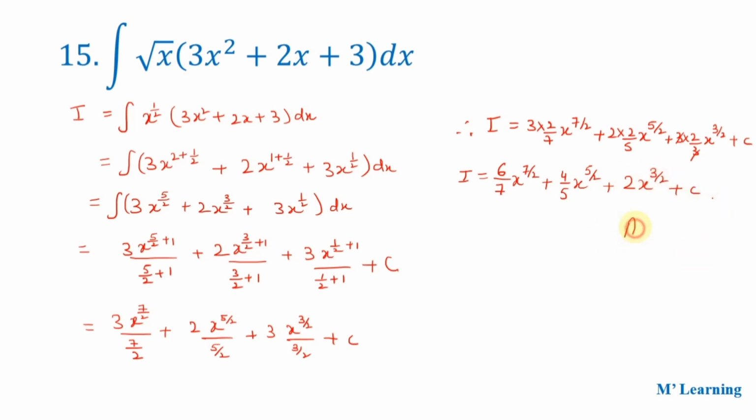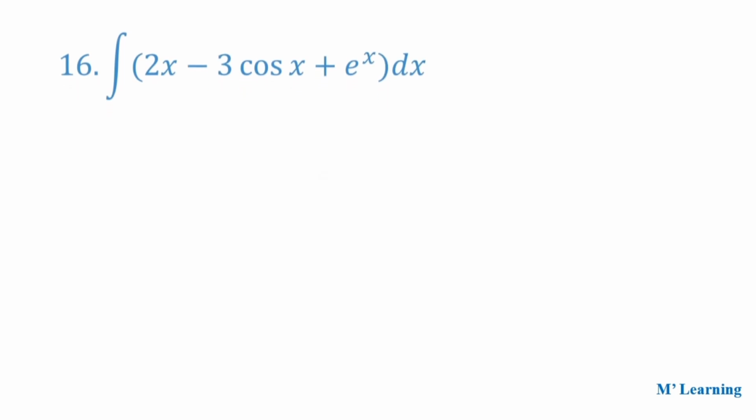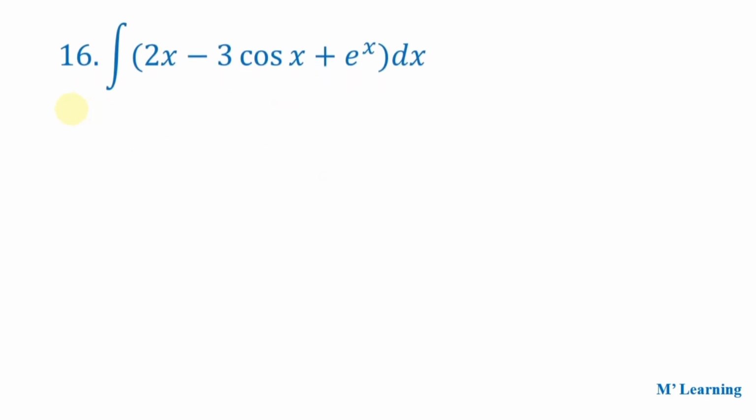This is its answer. Now let's see question number 16, which is integration of 2x minus 3 cos x plus e to the power x, whole dx. So 2x का integration, 2 is coefficient, 2 as it is रहेगा, x का integration x to the power n, which is x to the power 1 plus 1 by 1 plus 1, x to the power n plus 1 by n plus 1 formula here we used.